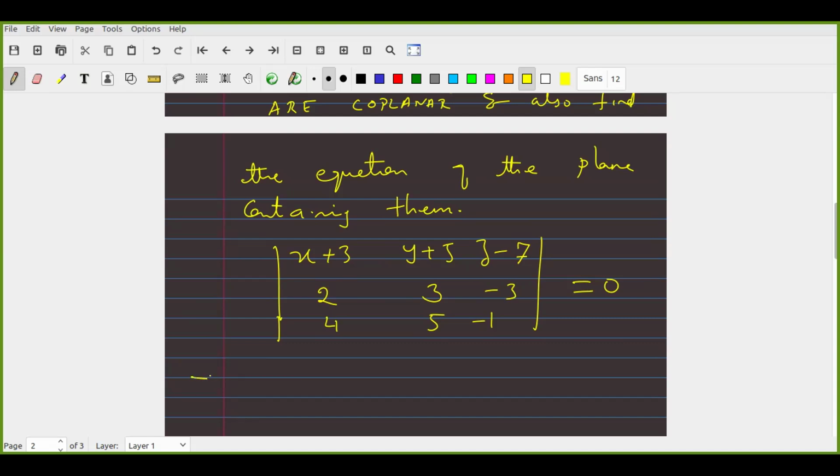So this leads to the equation. What this condition says is that this determinant is equal to 0. So this leads to 6x minus 5y minus z is equal to 0.